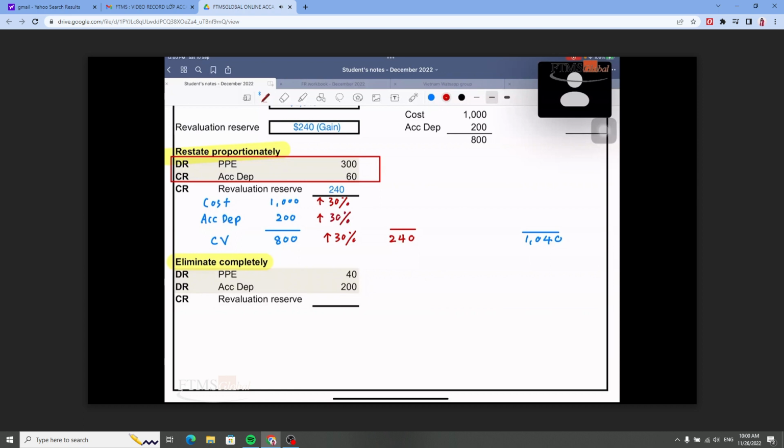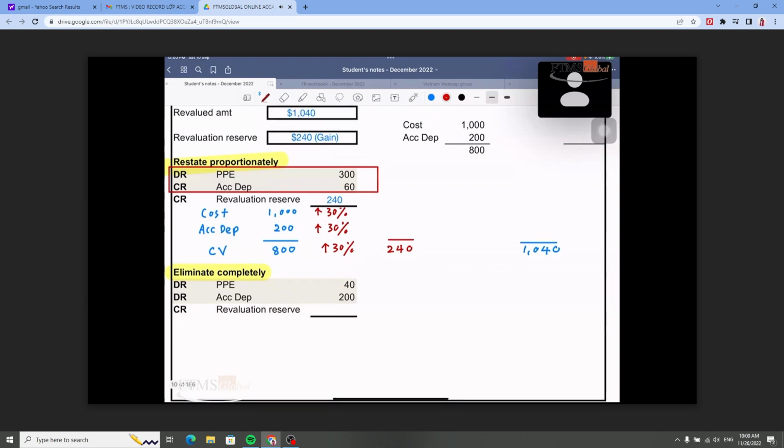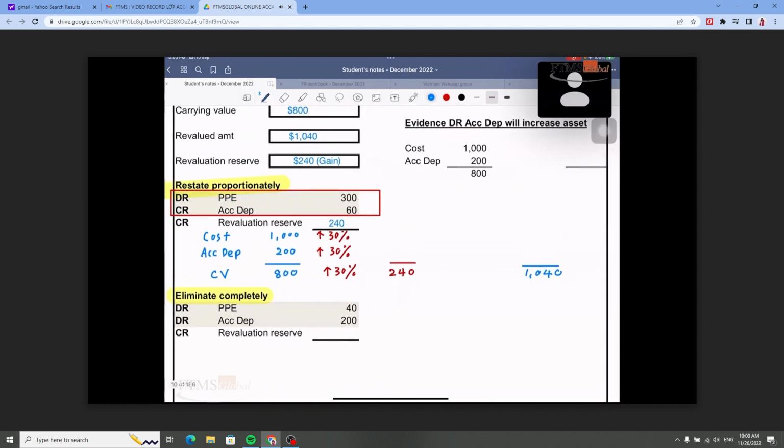Okay, right, then I just do accordingly. 1,000 times 30%, I will get 300, correct? Okay, I will get 300. Then 200 times 30%, I will get 60. Okay, right.